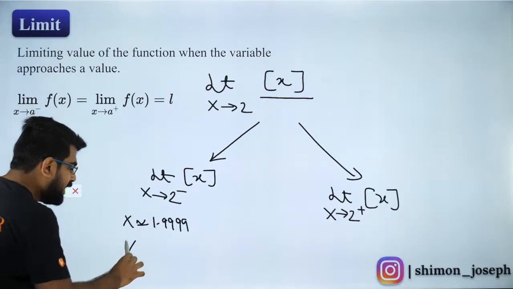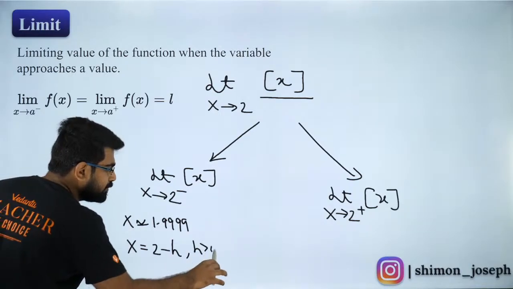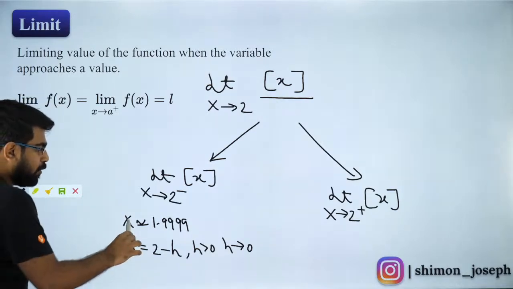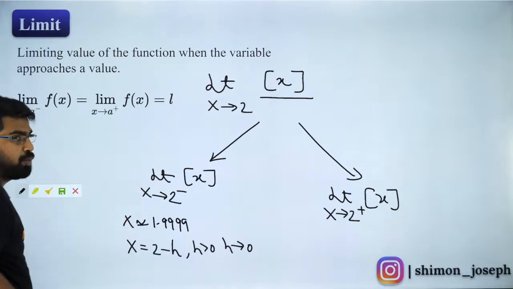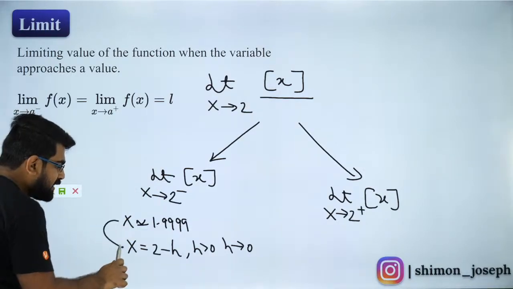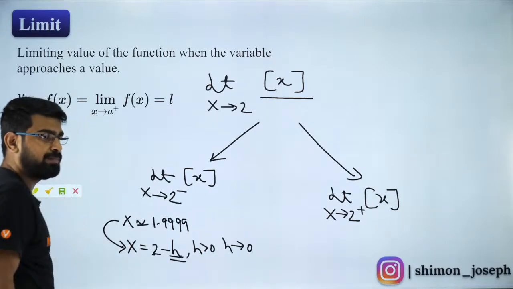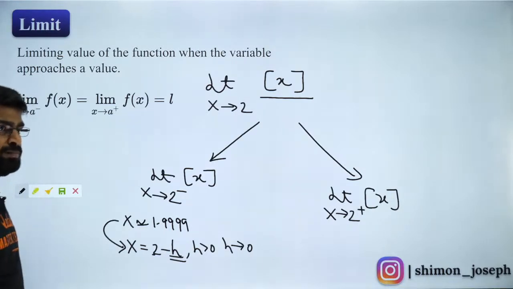So can I say it is nothing but 2 minus a small positive quantity? So 1.9999 is the value which is to the left side of 2. So can I write x as 2 minus a very small positive quantity? Does that make sense? This is what you would have studied in NCERT.